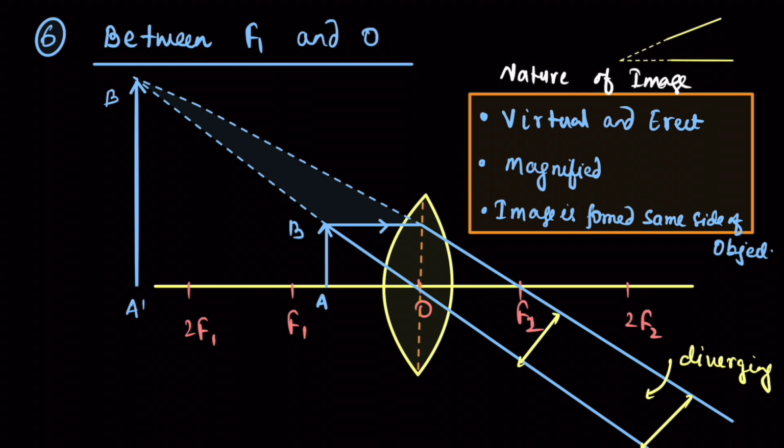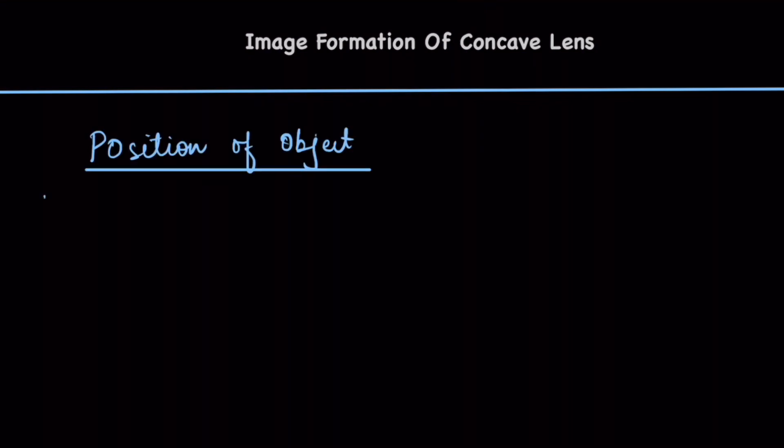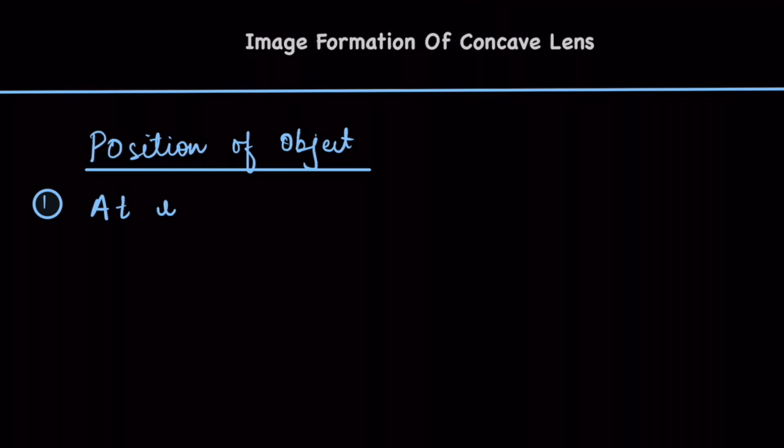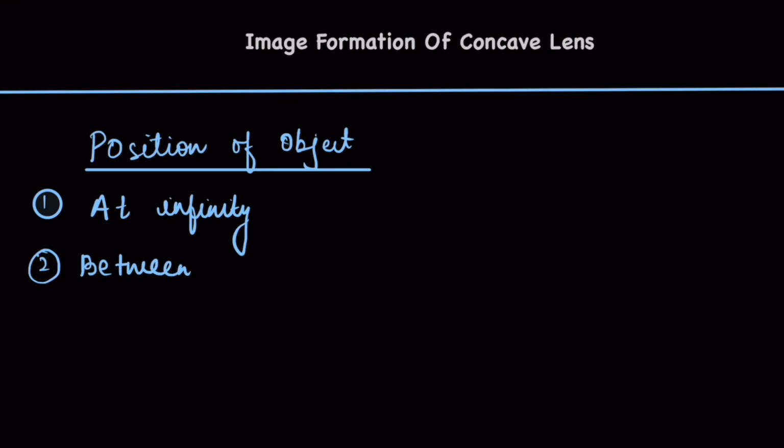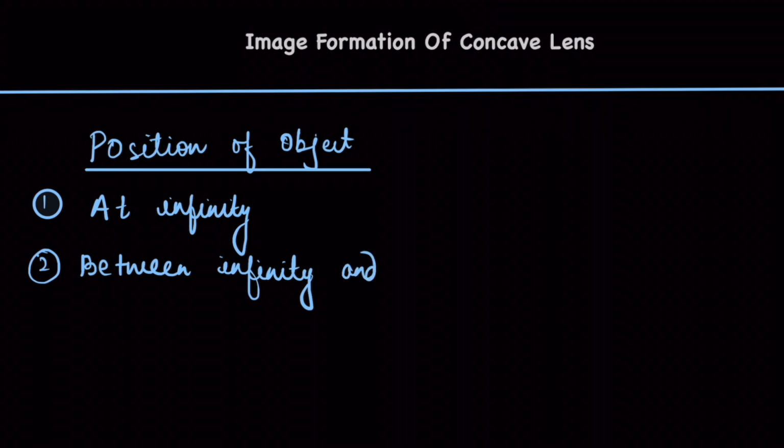Now we will move to the image formation in the concave lens. In the concave lens, there are two positions of the object. First is at infinity, and the second is between infinity and optical center.